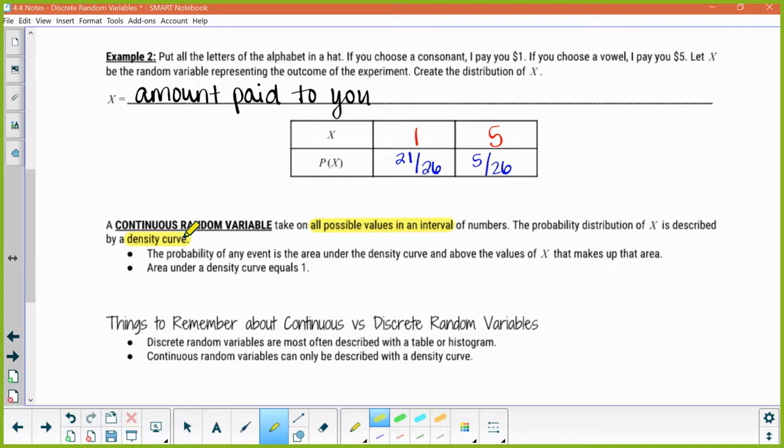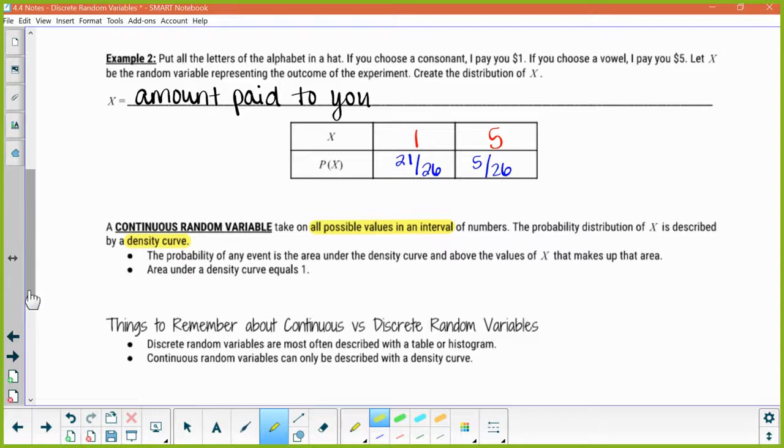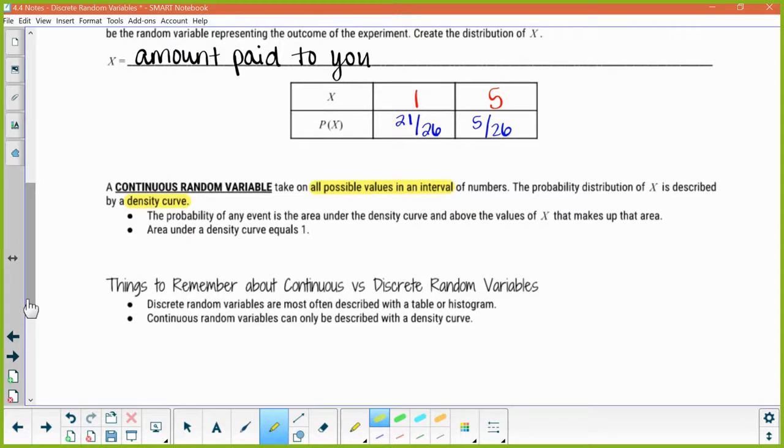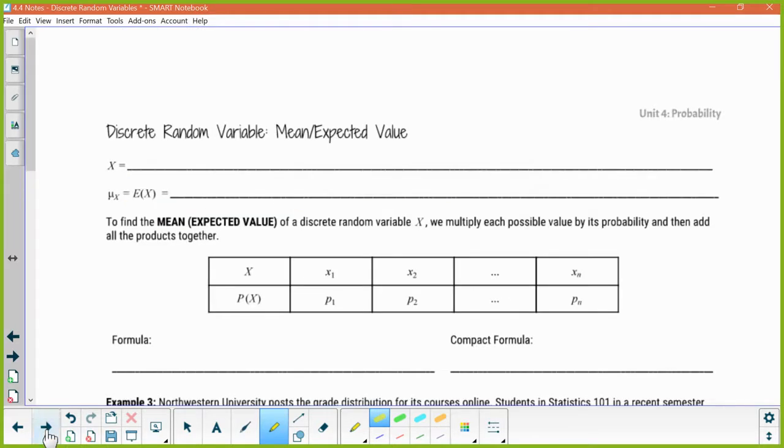So we're not going to cover it again because we will review for it before the exam. But basically, we're looking for that area under the curve, and the area under the curve equals 1. All of it comes from those z-scores, those p-values, stuff we've covered. One thing to remember, you're dealing with discrete typically if you have a table or a histogram, continuous if you have a density curve. So let's go ahead and look at some features of discrete random variables.